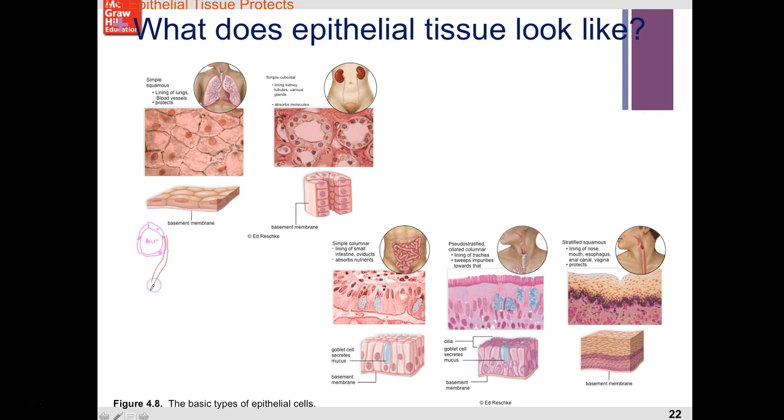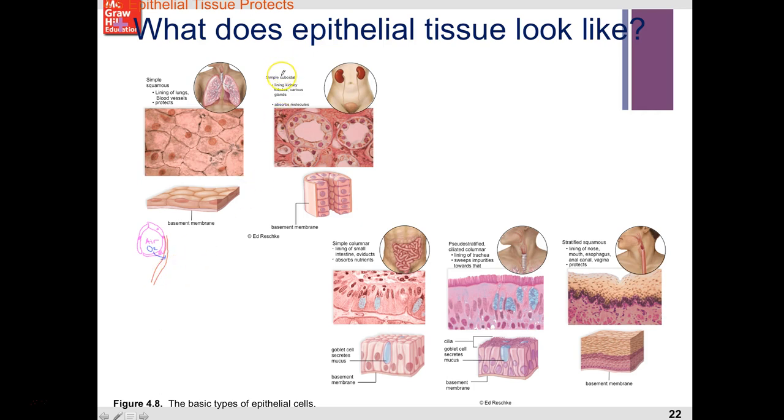And so what we want is the oxygen that we breathe in to be easily moved out of this air sac and into the blood vessel. So do you think we would want layers of cells here, stratified epithelium? No, we want simple squamous, one layer of flat cells, so this oxygen can easily pass through that tissue and get into our blood.